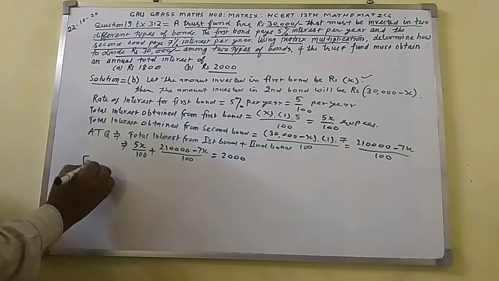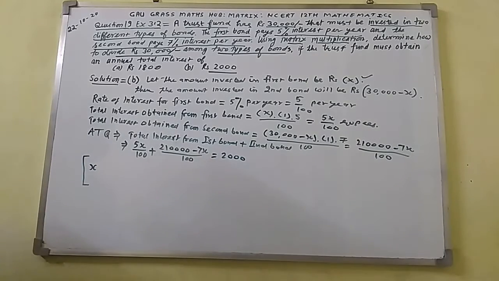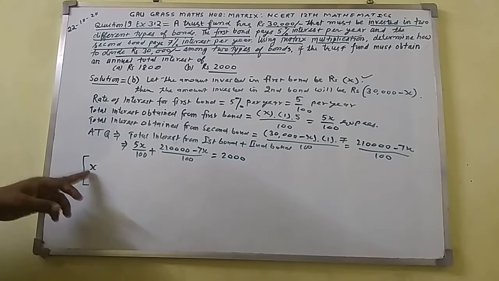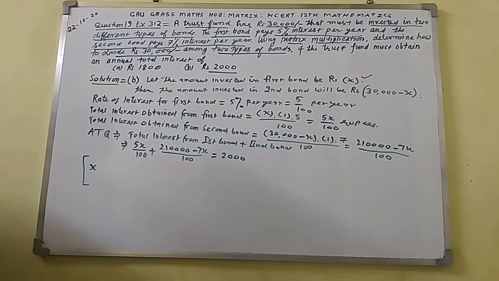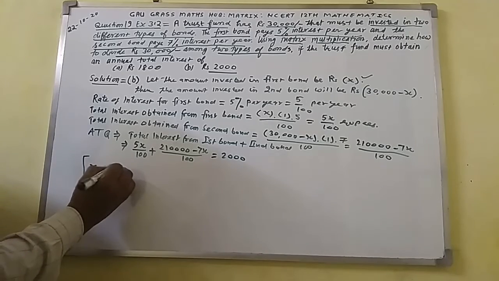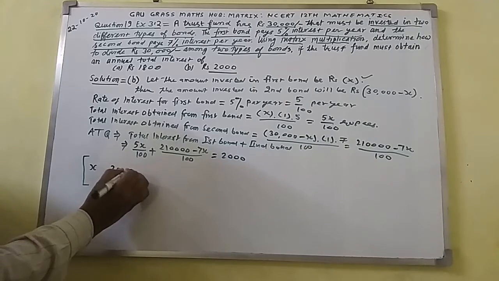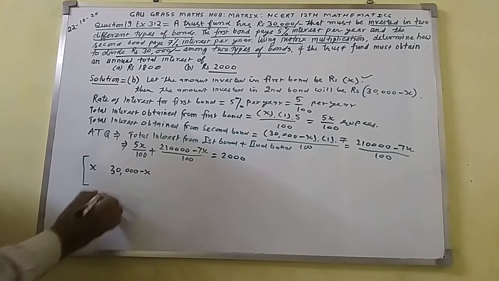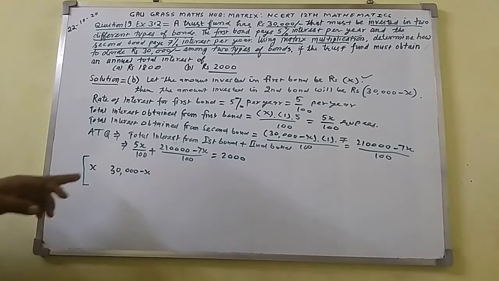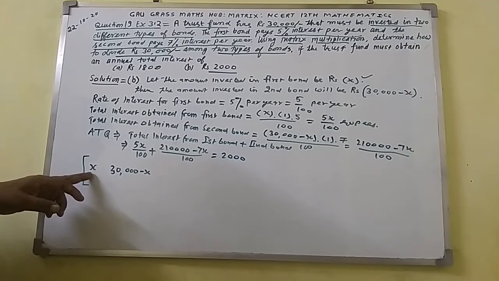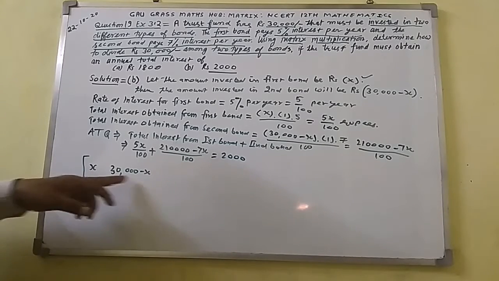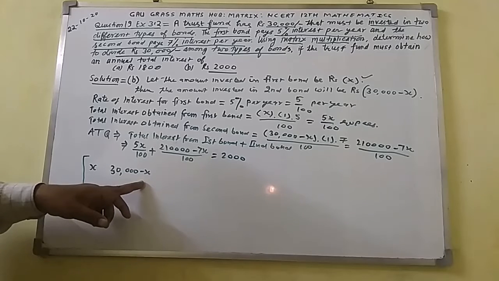I shall write principal x from the first bond, and the principal from the second bond will be 30,000 minus x. So rupees x is the principal in the first bond, and rupees 30,000 minus x is the principal in the second bond.